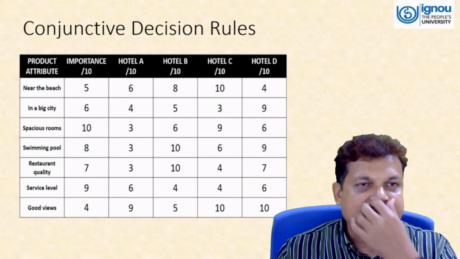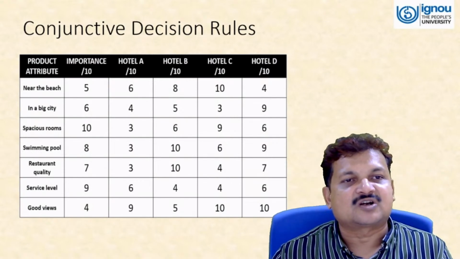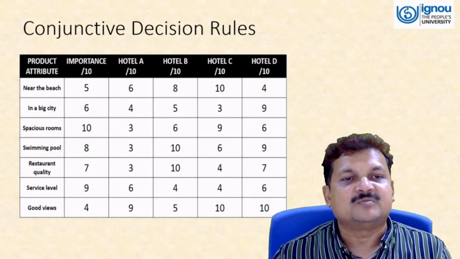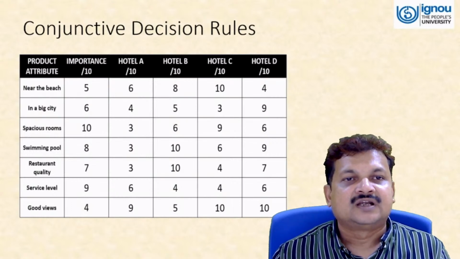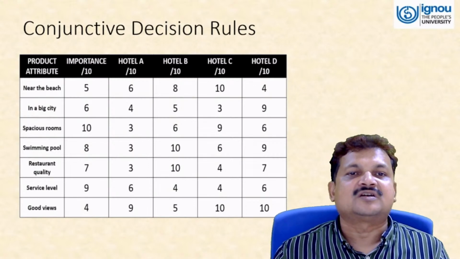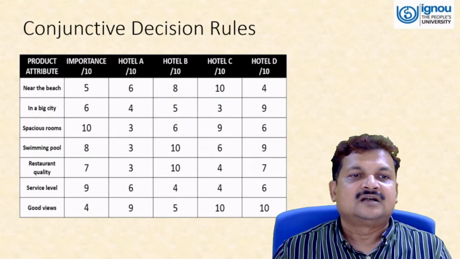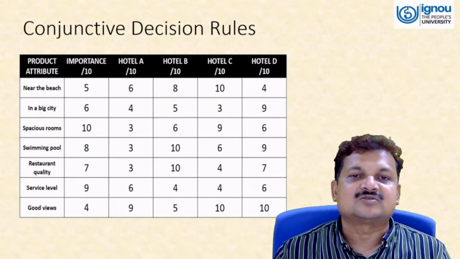If you are selecting a hotel that must be near the beach and in a big city, the scores will be 5 and 6. For Hotel A, near the beach the score is more, but in the big city the score is lower than that. If you are selecting Hotel B, near the beach is higher and in the big city is also lesser.